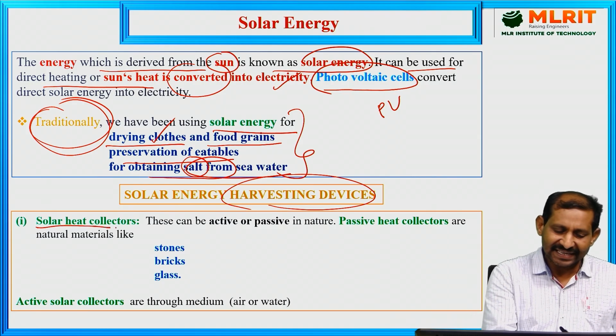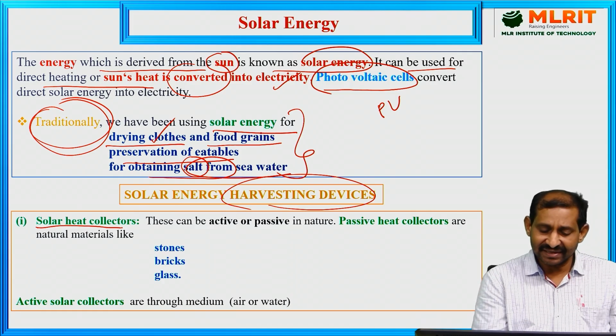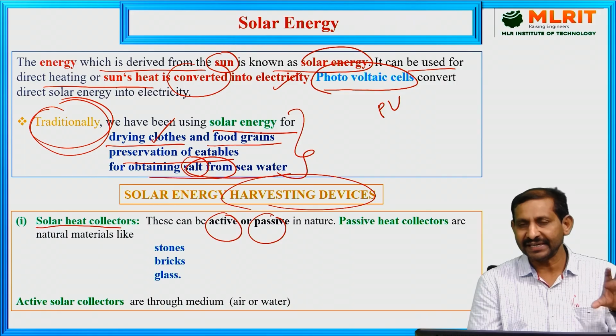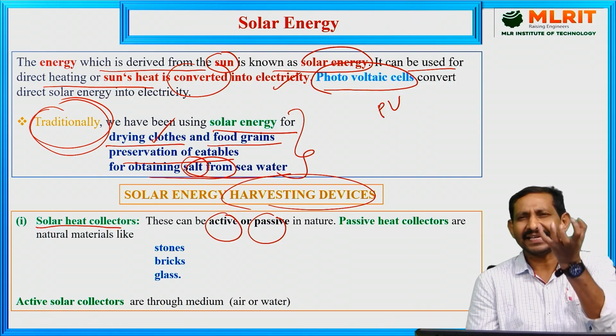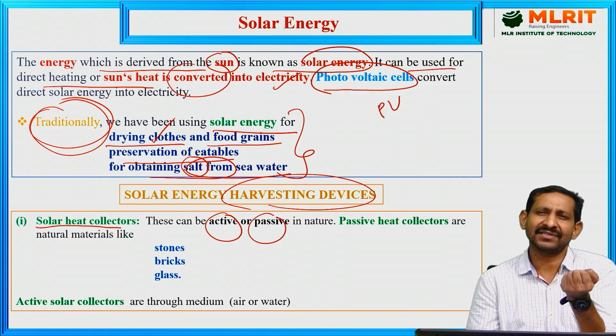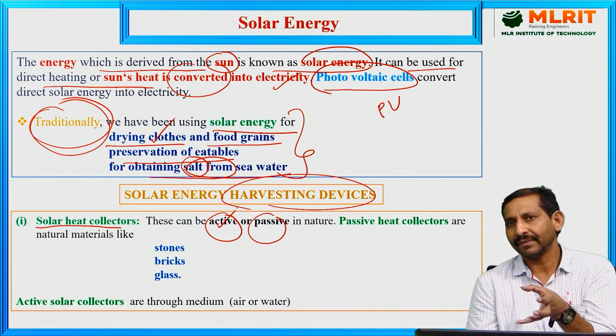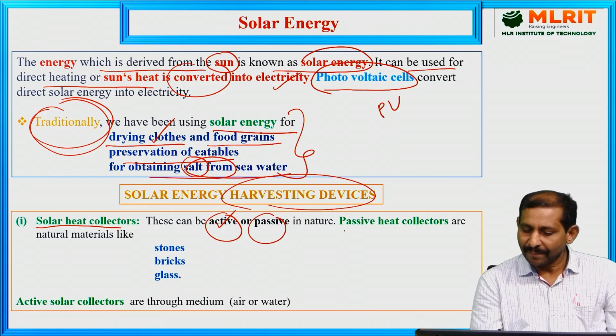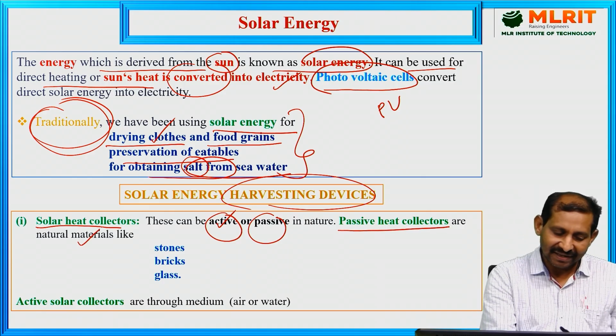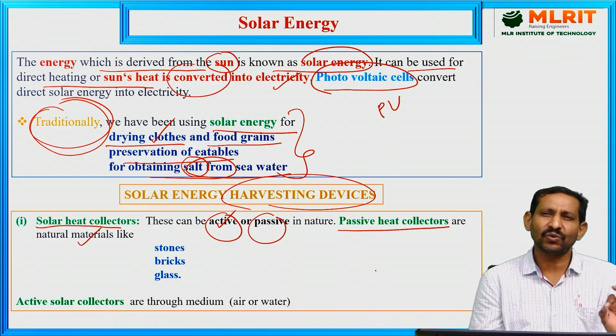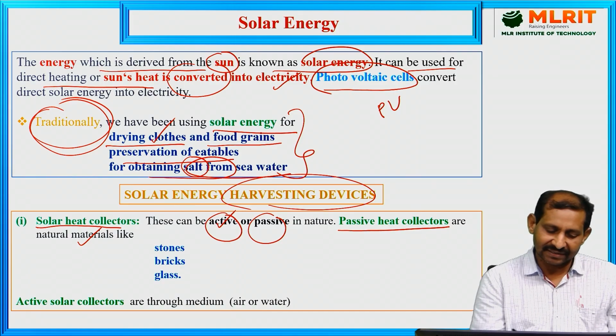Solar heat collectors are generally either active or passive in nature. Solar heat collectors collect the sun's energy in the form of heat, and can be either active or passive. Passive heat collectors are natural materials, generally stones.